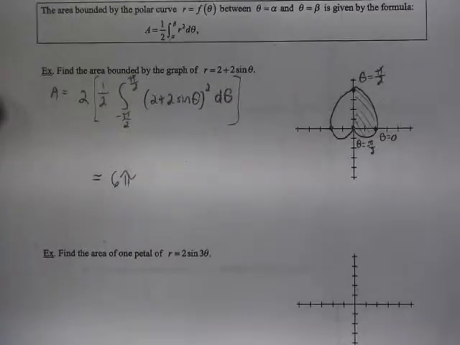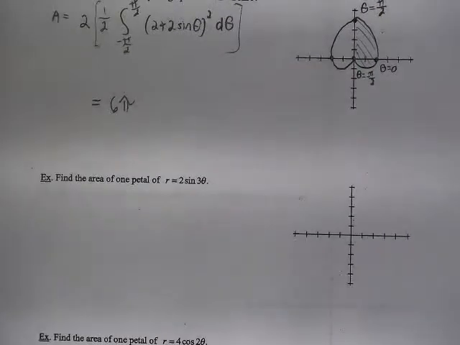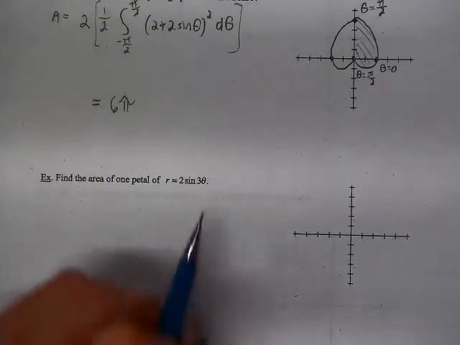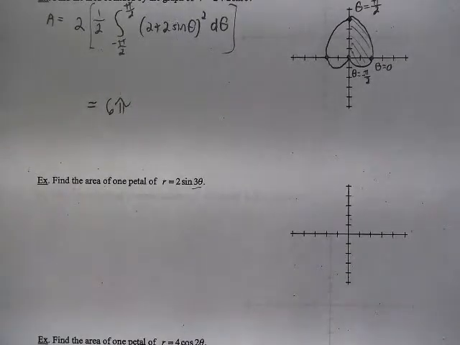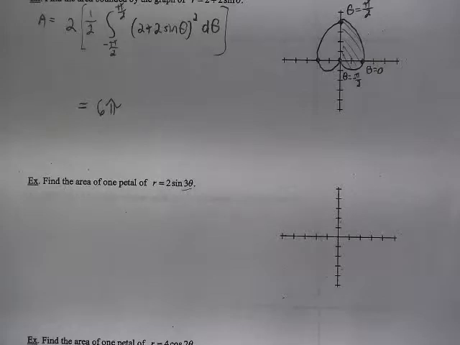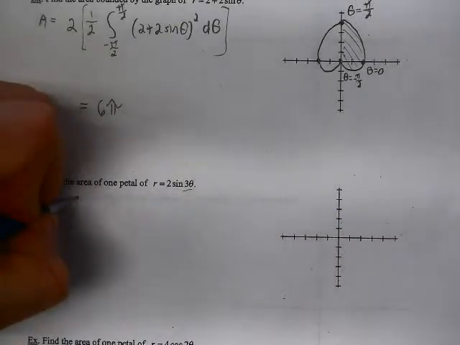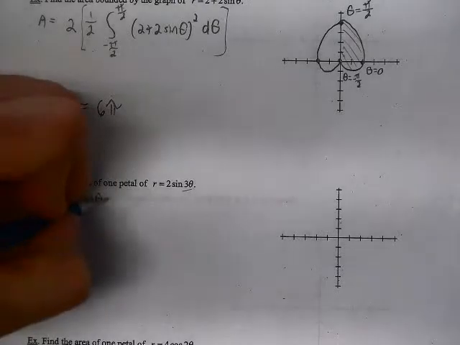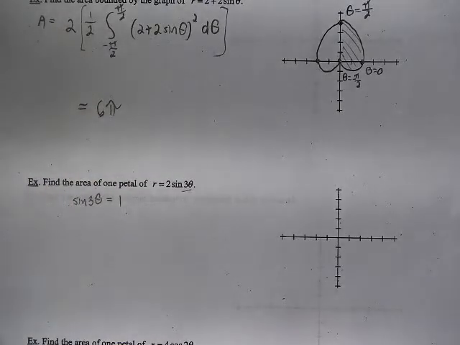All right, so let's take a look at the next example. We want to find the area of one petal of r equals 2 sine 3 theta. So we need to be able to graph this first. It's going to have 3 petals. If I think about how these petals are going to be oriented, I need to know when sine of 3 theta is going to equal 1.